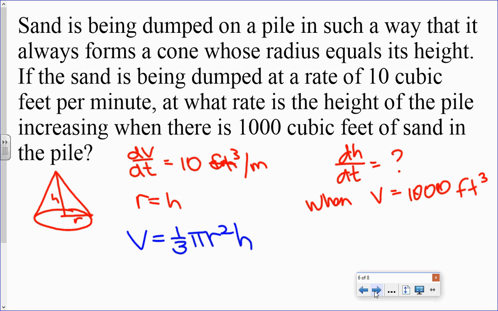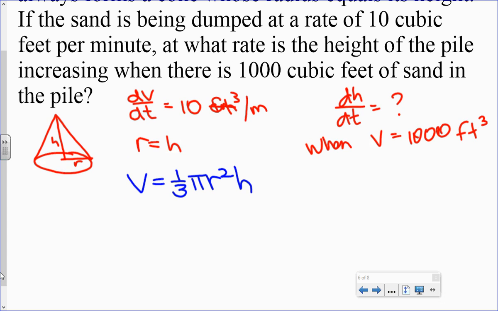R equals H. So what we can do, since we want to know the rate of the height, is change everything to be in terms of H. Since R equals H, we can write volume equals 1/3 pi H cubed.